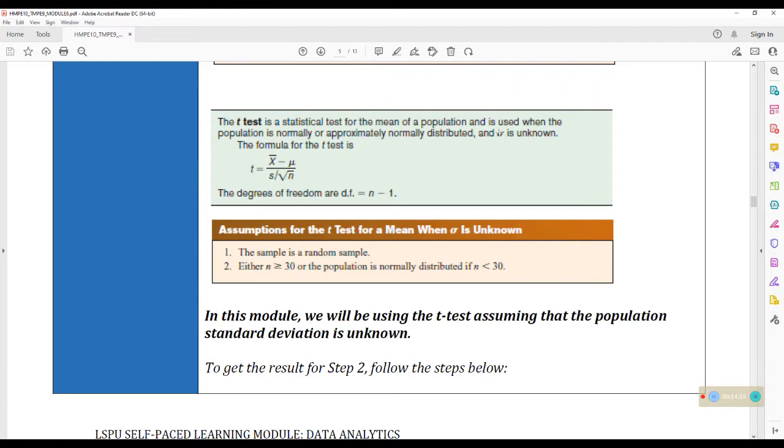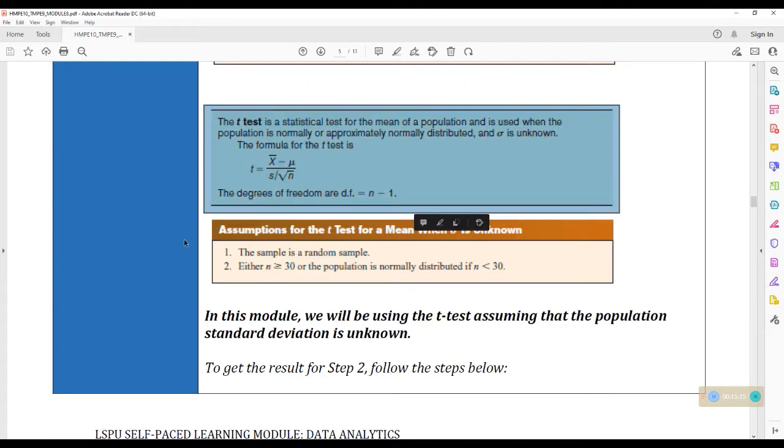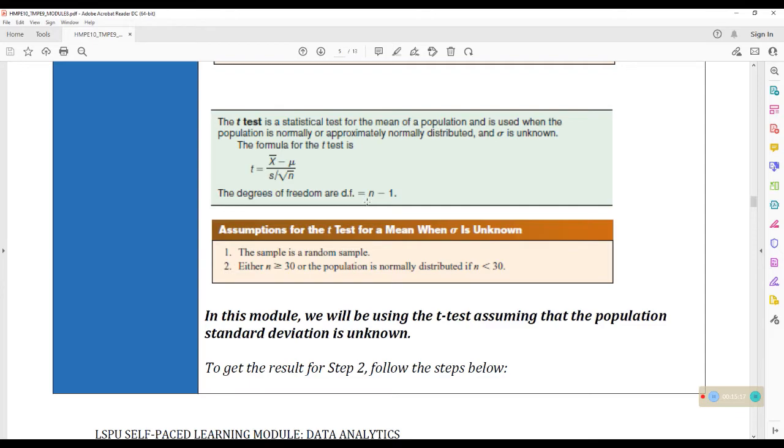So, kahit wala kang given na population standard deviation from before, okay lang, pwede mong gamitin si t-test. The formula for the t-test is this one. Ayan. So, instead of using the population standard deviation, ang makikita nyo dito, yung lowercase na s, which is just the sample standard deviation. So, the degrees of freedom are df is equal to n minus 1.